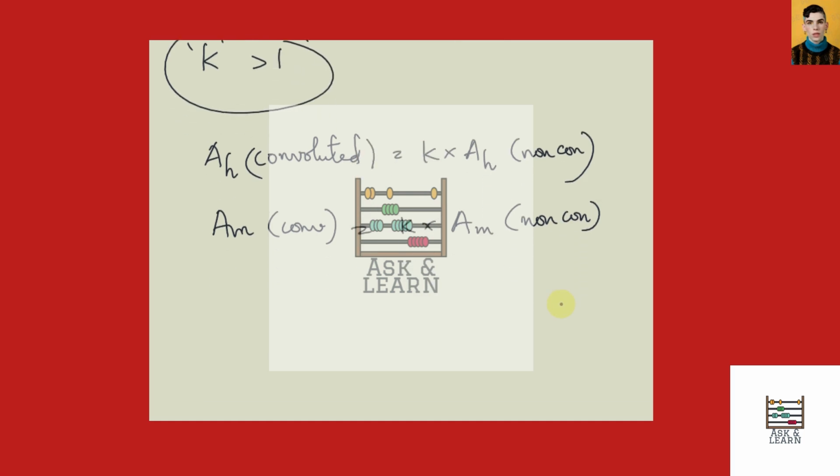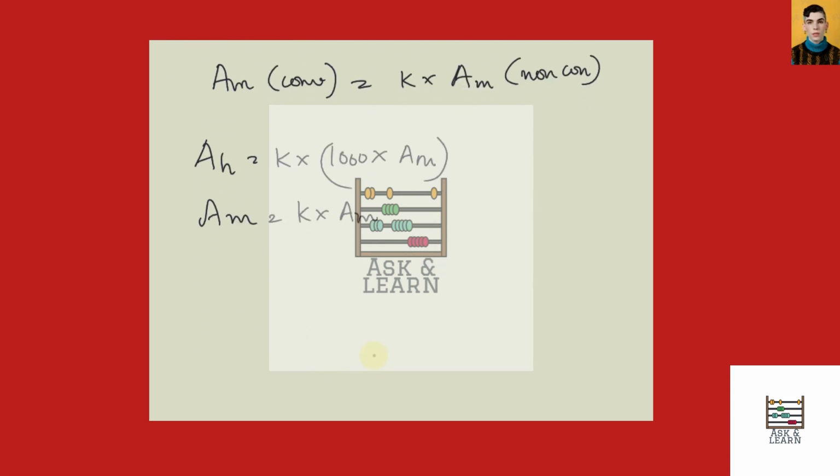So let's substitute the expressions for both and find out the values. Hence, A human is equal to K into 1000 times AM, and AM will be K into AM.